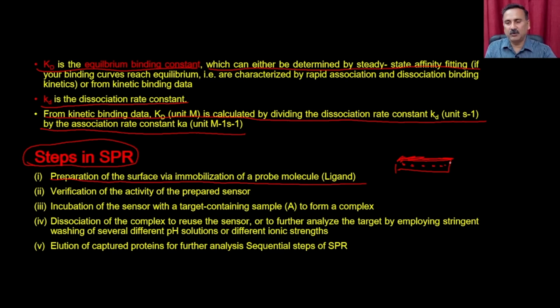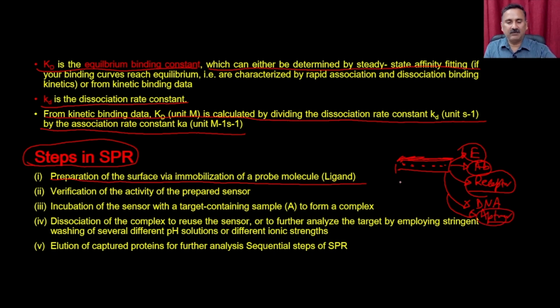You can use the enzyme, the antibody, the receptors and so on, anything that you can immobilize onto this surface. You can use DNA, for example, you can use aptamer, you can use anything. Ideally you can use anything that has an affinity for a particular ligand.